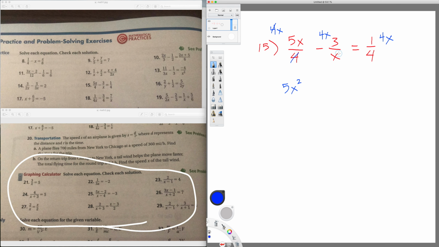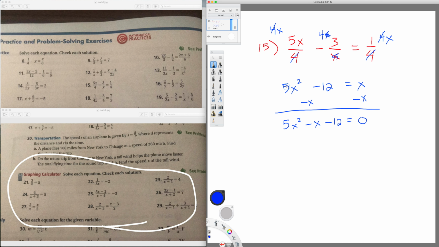The x is going to cancel, leaving minus 12. And then the 4 is going to cancel, leaving an x. And then I'll take away an x from both sides. And I get 5x squared minus x minus 12 equals 0.